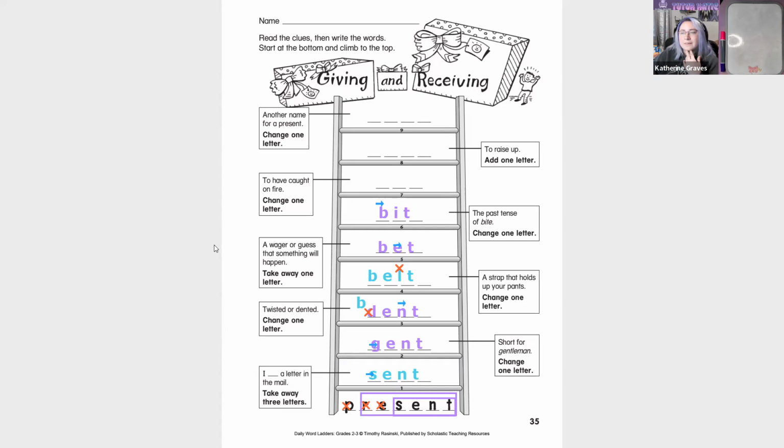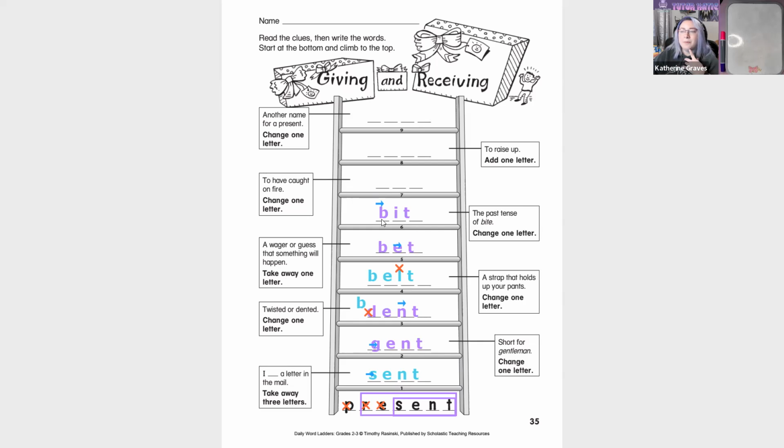For lighting, what's the past tense form of it? We're only changing this first letter here, and it's the word light, but it's past tense.